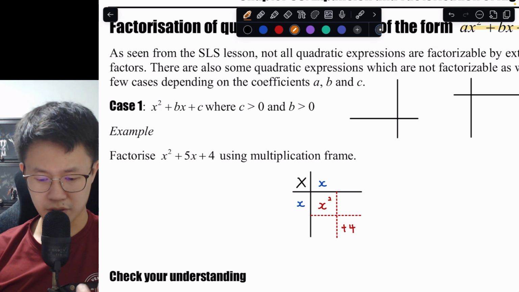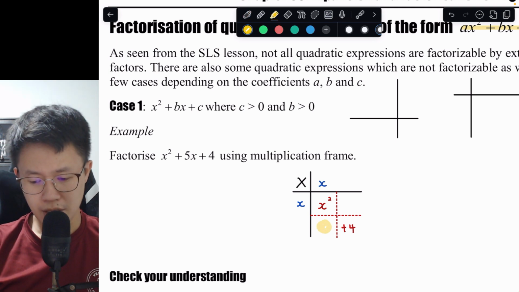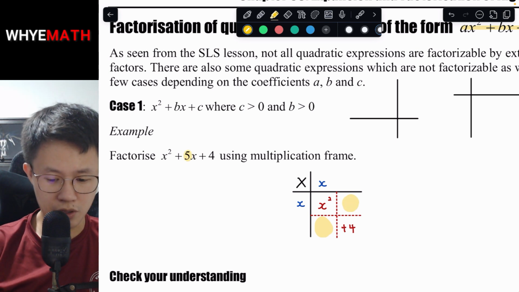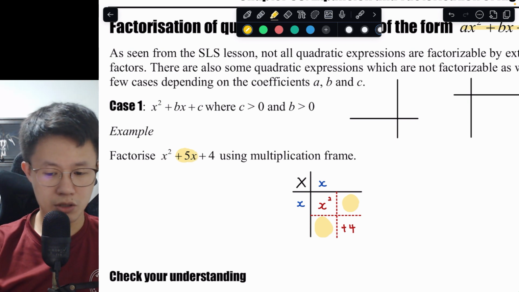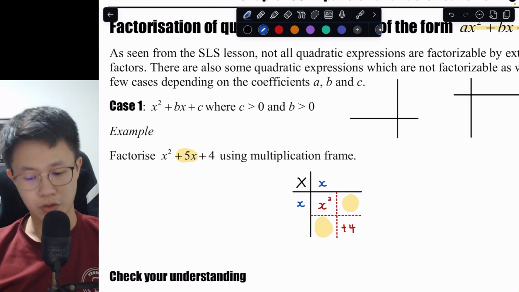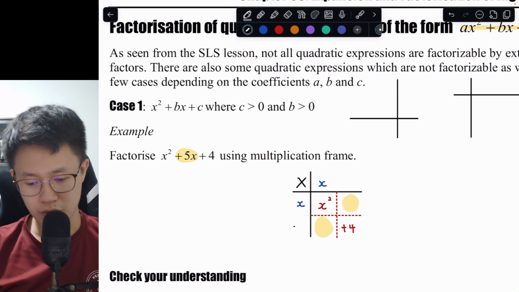Now the second one would be positive 4. There are a few ways to get positive 4, but the goal is that whatever is inside this box and whatever is inside this box will eventually add up to give you this term over here. So you need to do some checks. Firstly, you go through the factors of 4. Use a pencil and give it a try.